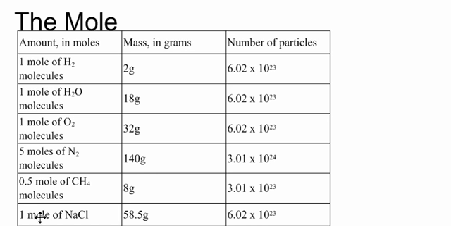And notice the last question there, sodium chloride. That isn't actually a molecule, it's an ionic compound. So we shouldn't really use the phrase relative molecular mass for something that's made out of ions.